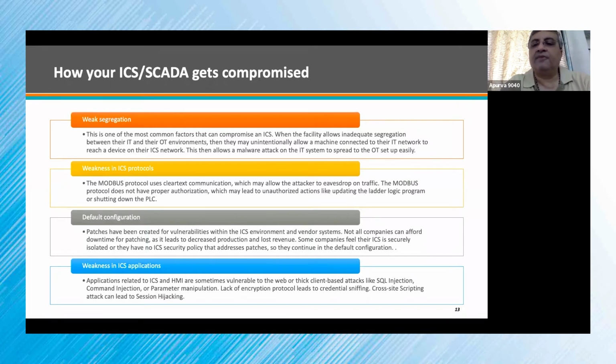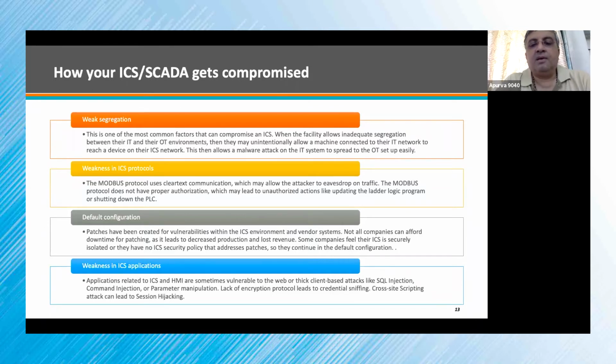If you don't do this, then there will be a loss in production, loss in revenue. And the biggest thing is the brand image. It will also create a brand image issue. Then finally, on the application side, there is a human machine interface application with the SCADA system.